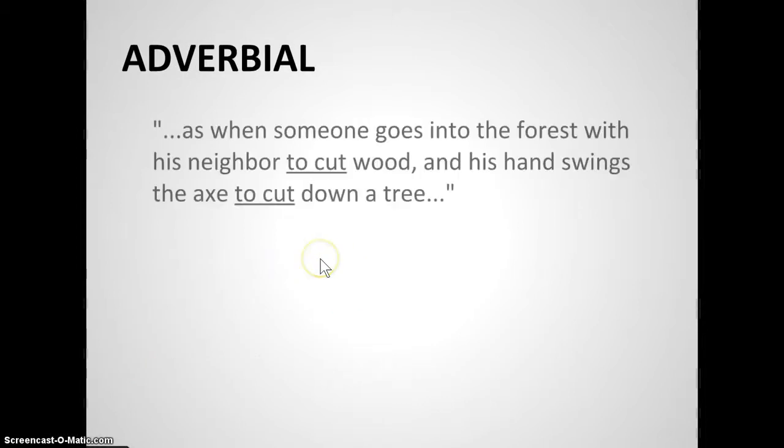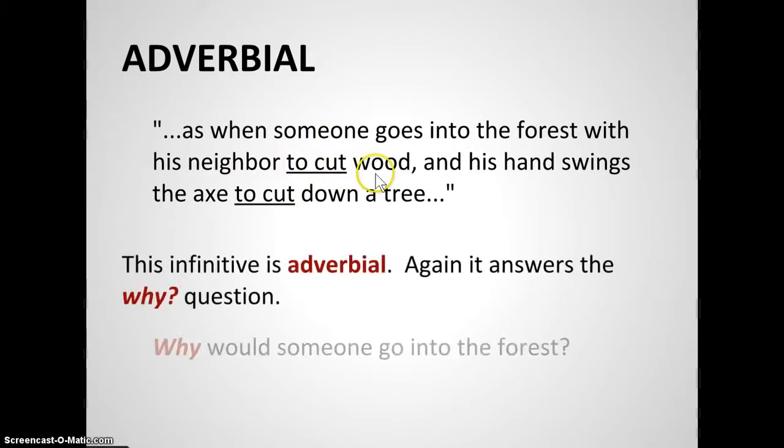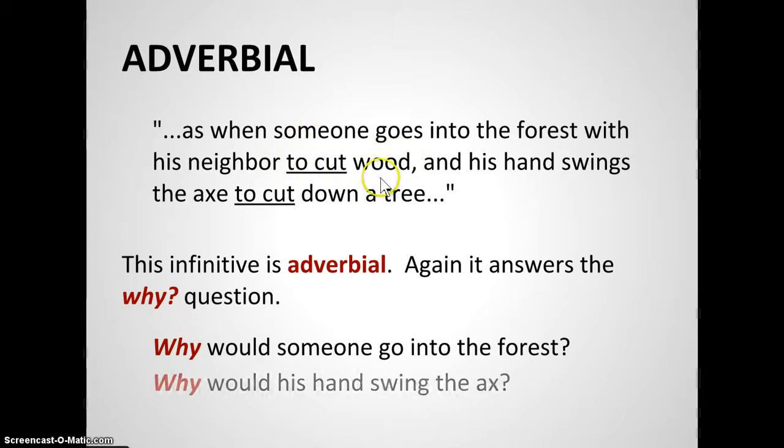Now when we look at another adverbial one, this one is quite simple, as when someone goes into the forest with his neighbor to cut wood. And you can see here that this is answering the why question. Why would he go out into the forest? To cut wood. The infinitive is to cut. The entire infinitive phrase is to cut wood. And again, why would somebody swing his axe?